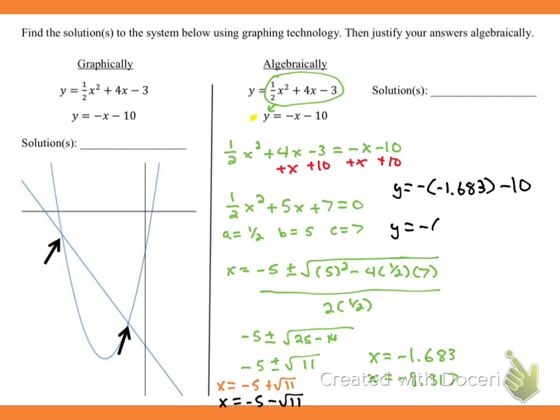And then y equals a negative 8.317 minus 10, which really makes that a positive 8.317. It's the same thing but switched. Nice work.